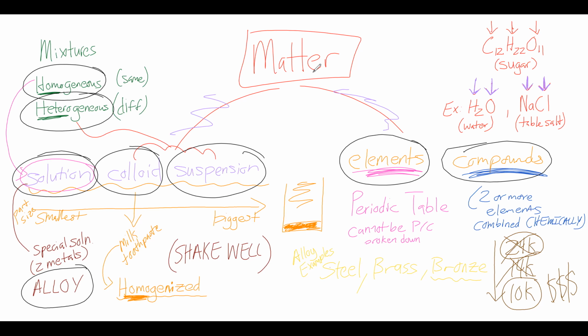And you also need to know, especially when it comes to homogeneous, heterogeneous, elements and compounds, which ones can be broken down physically, which ones can be broken down chemically, which ones can't be broken down at all.